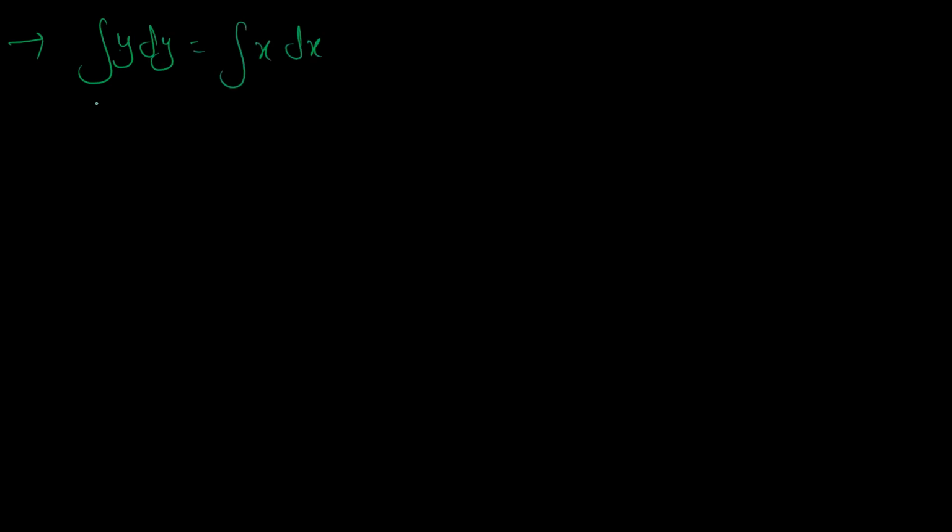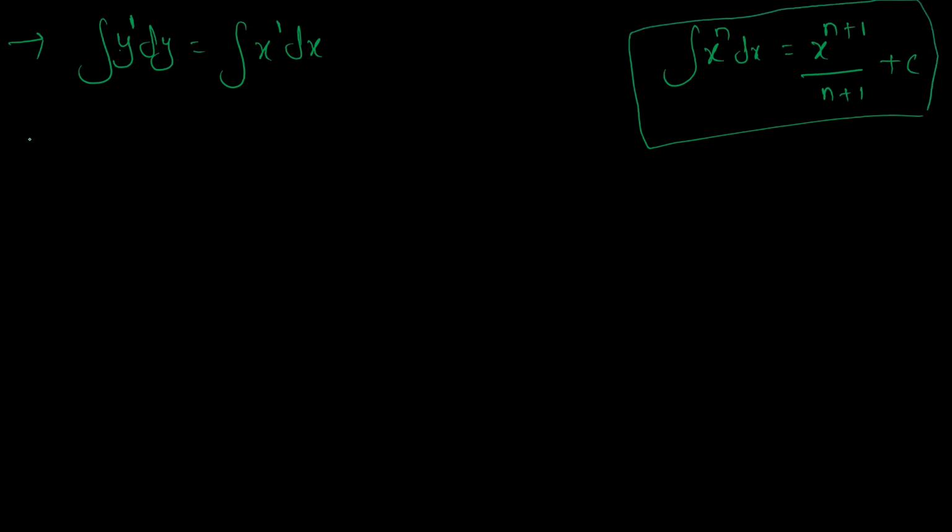Now we know that for the integration of y with respect to y, the power is 1, and we add 1 to the power and also put it in the denominator. This is our basic integration rule.